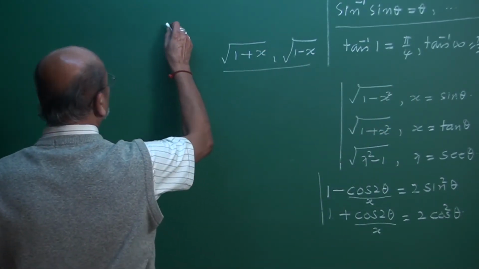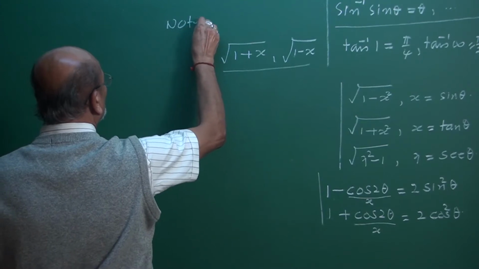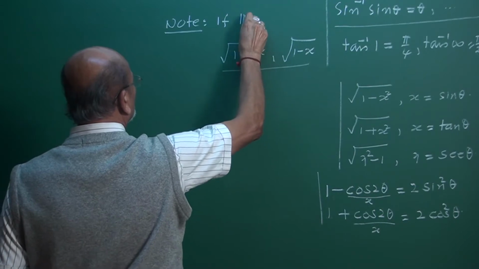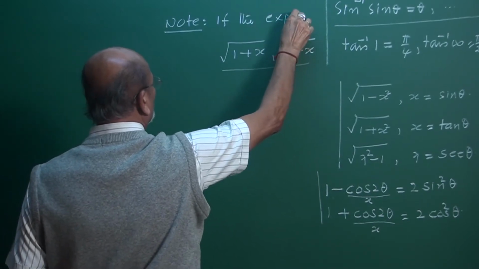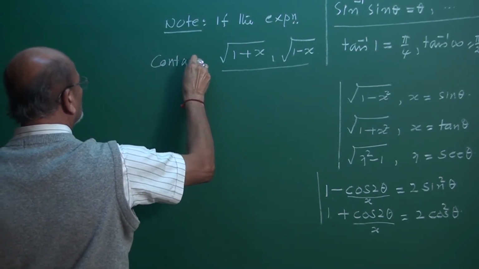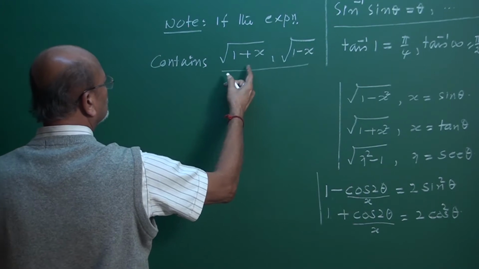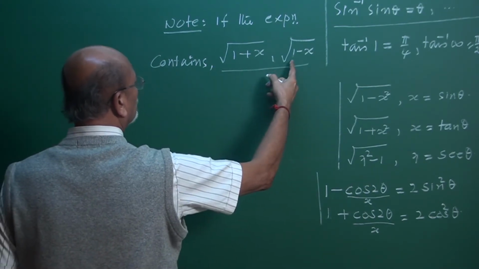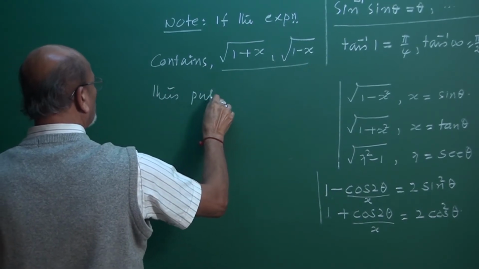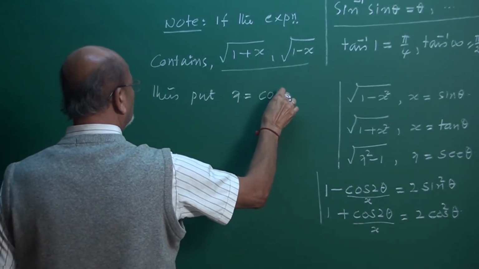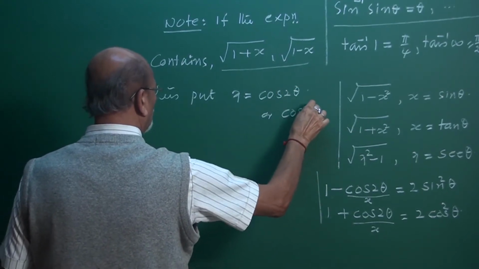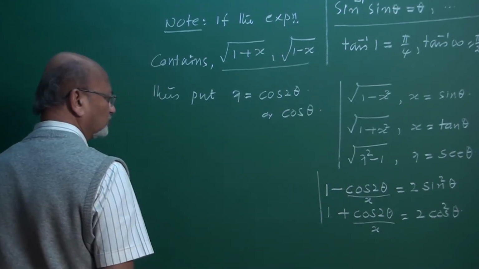Note: if the expression contains root 1 plus x, root 1 minus x, then put x equal to either cos theta, otherwise cos 2 theta. Cos theta or cos 2 theta.